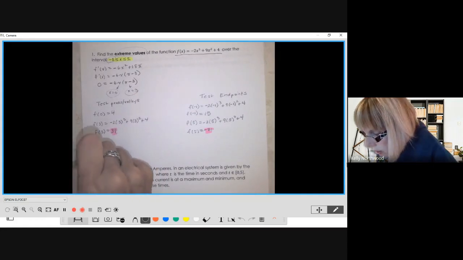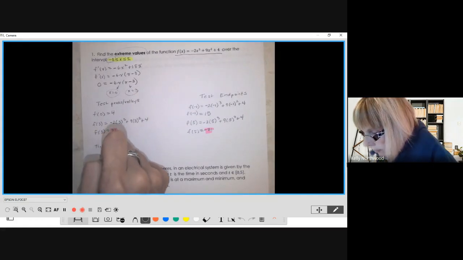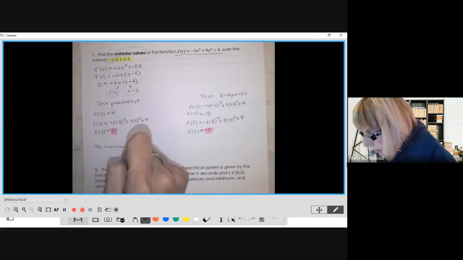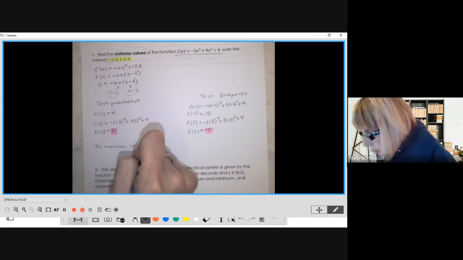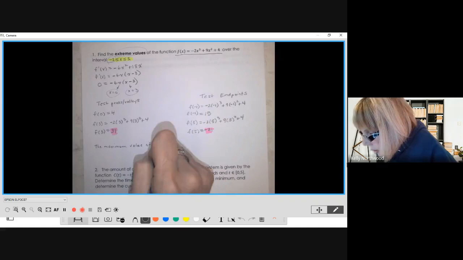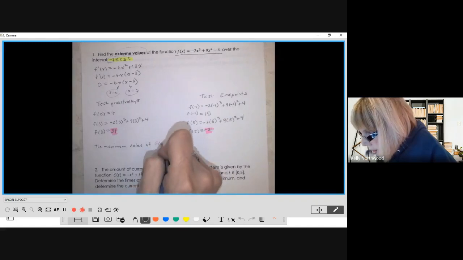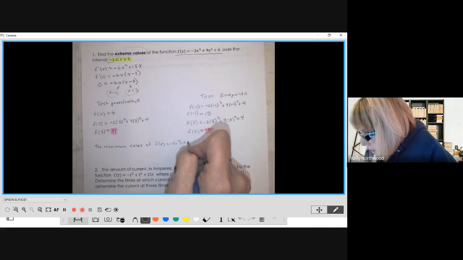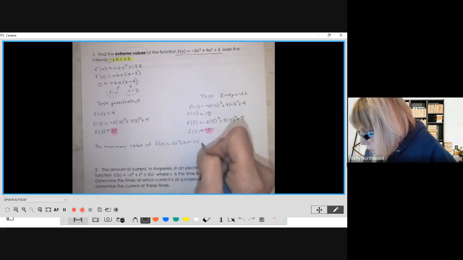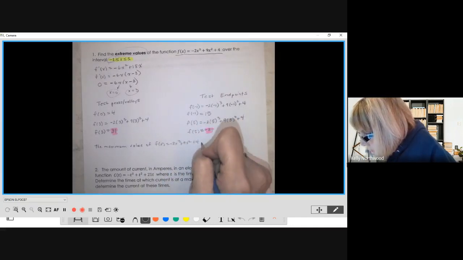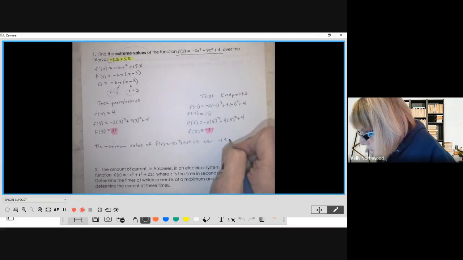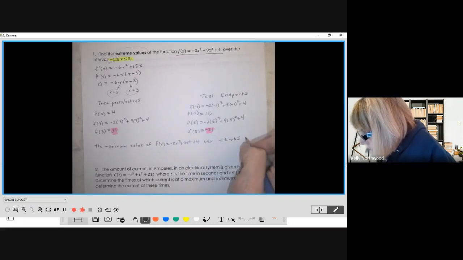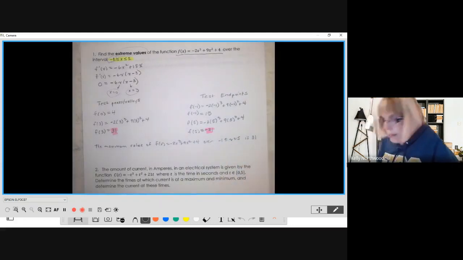So the maximum value of f at x equals -2x cubed plus 9x squared plus 4 over this interval is 31.